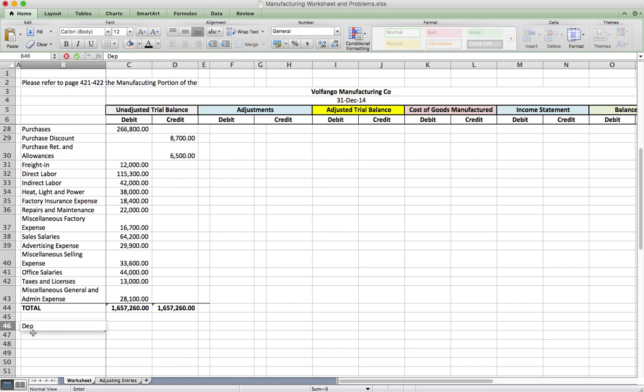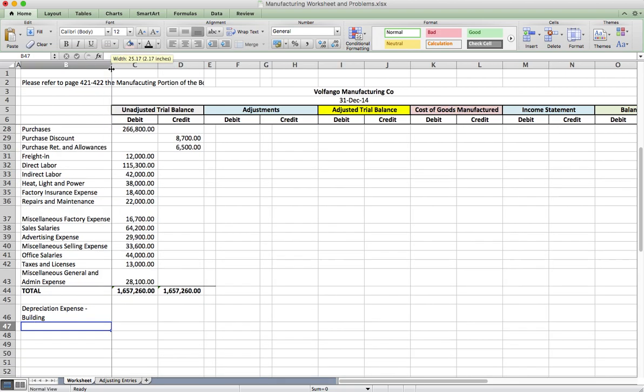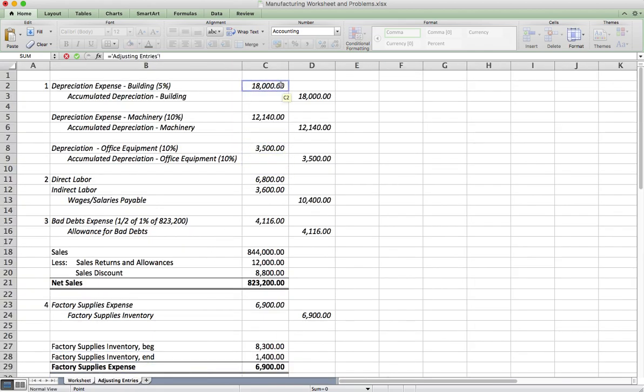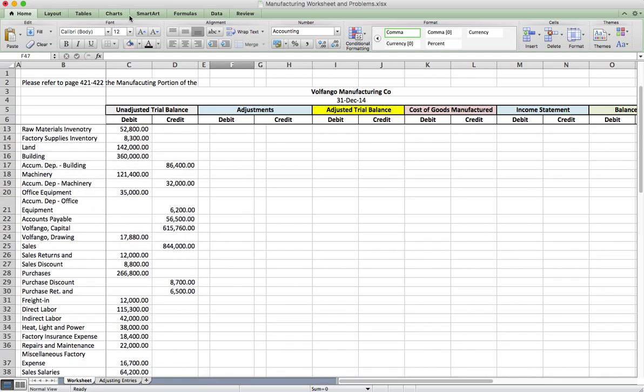So, debit, depreciation expense, building, credit accumulated depreciation. Magkano yung depreciation expense? Debit. Punta natin ito, 18,000.